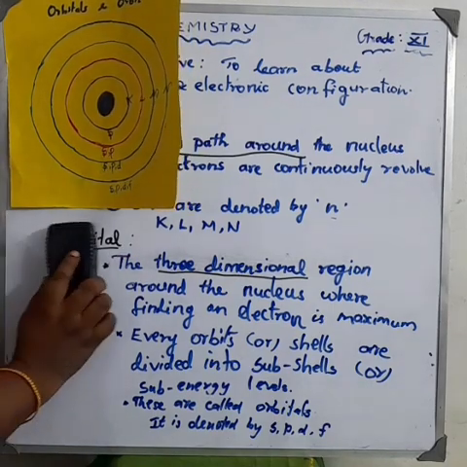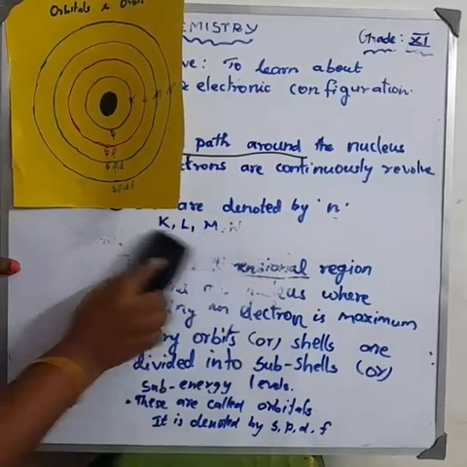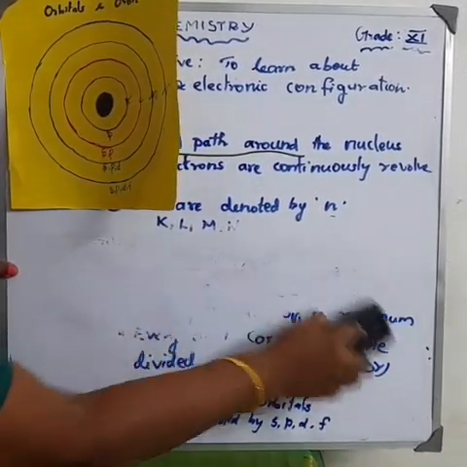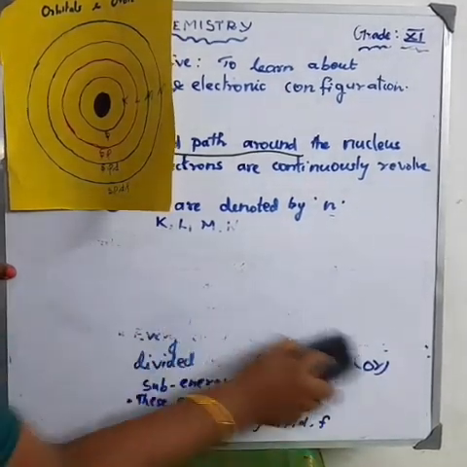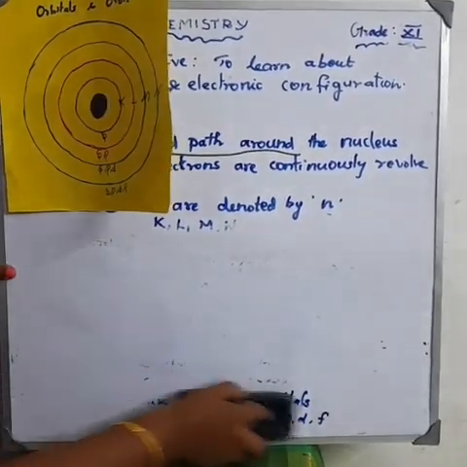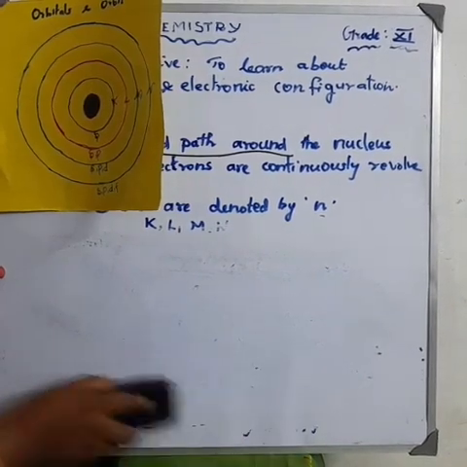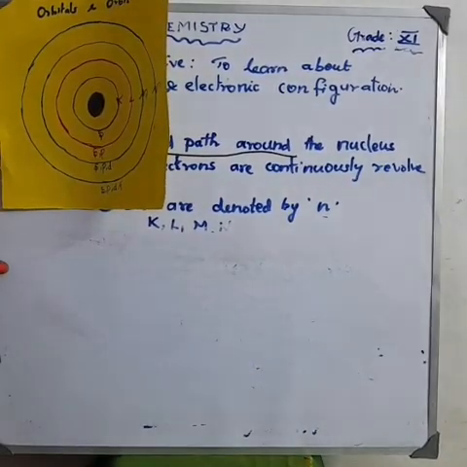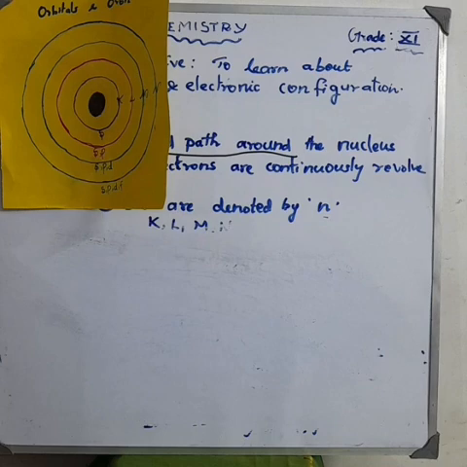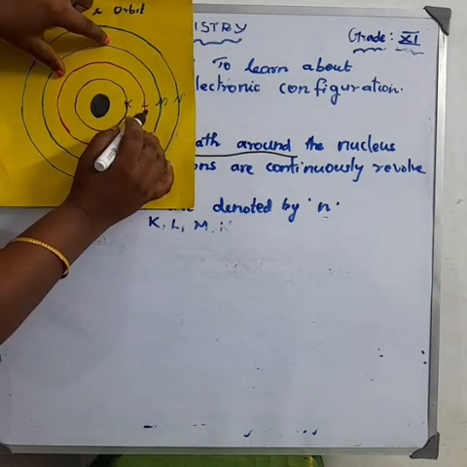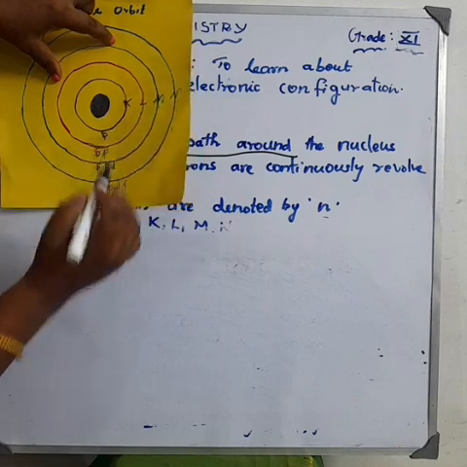So, for example, the orbit means K, L, M and N shell.